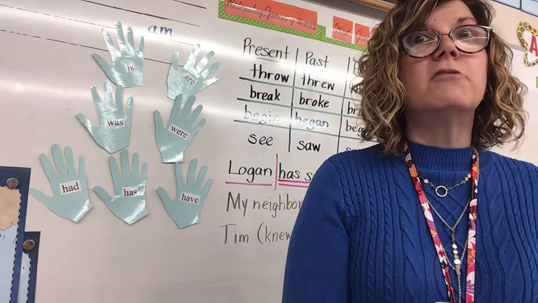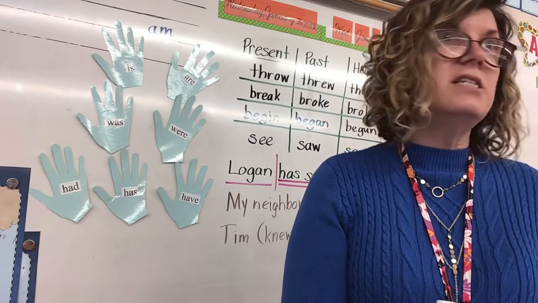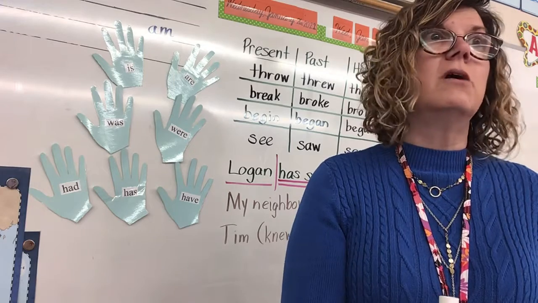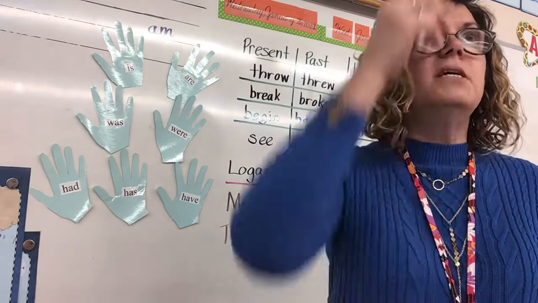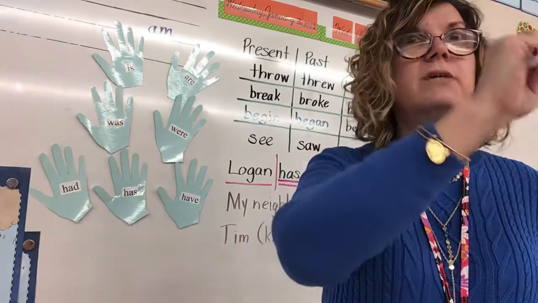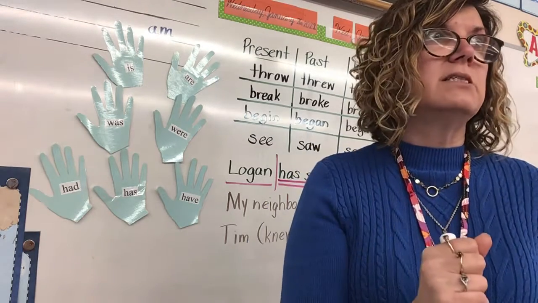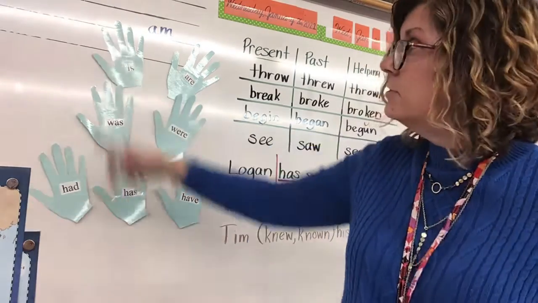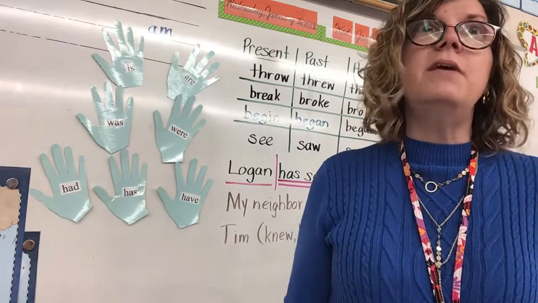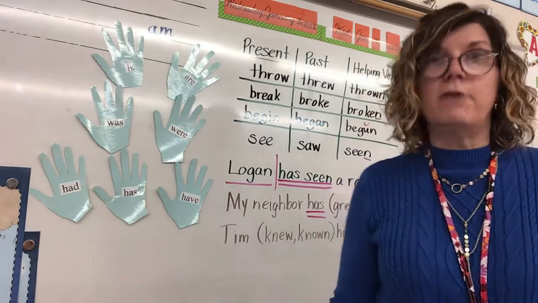But you need to underline your helper too, even though the instructions on the test or on the quiz are not going to tell you to. I'm going to make you do it because that keeps you focused. You've got to look for the helper and then make your choice. If you don't find one of these helpers, then you know which one to pick. You pick the one that doesn't need a helper, right?